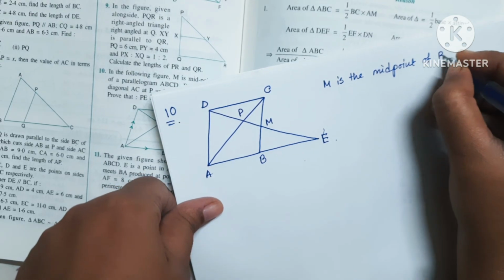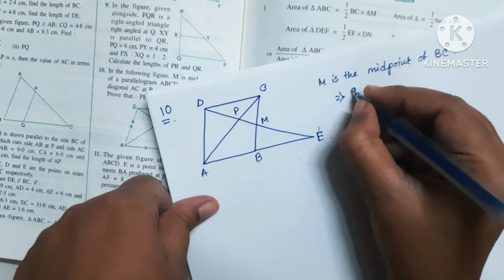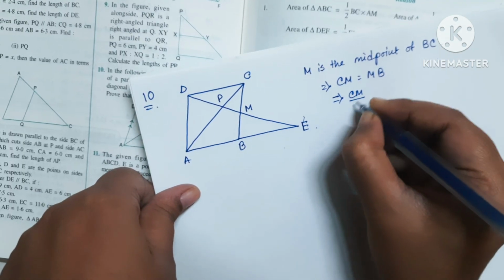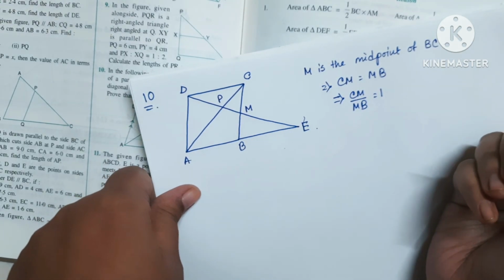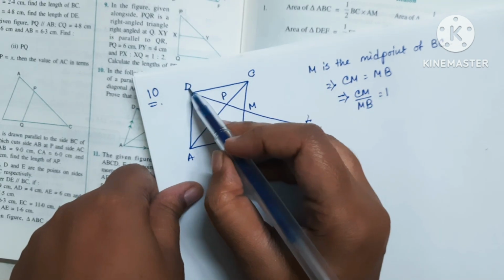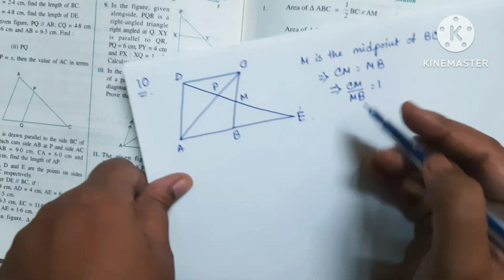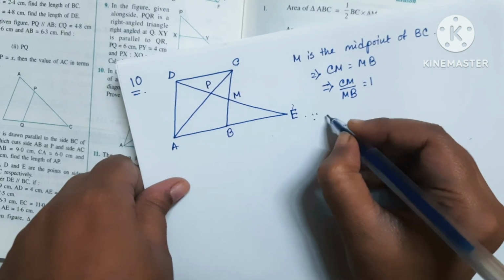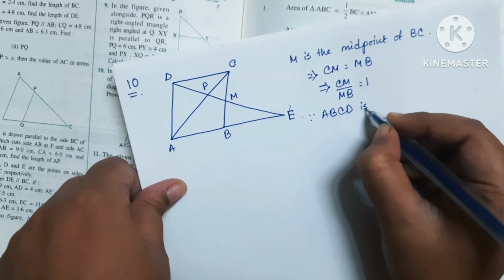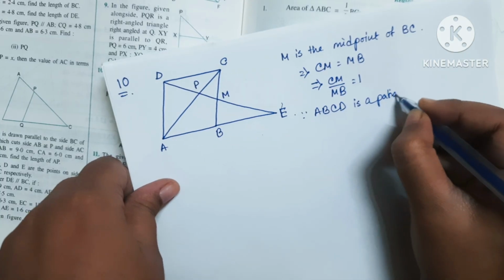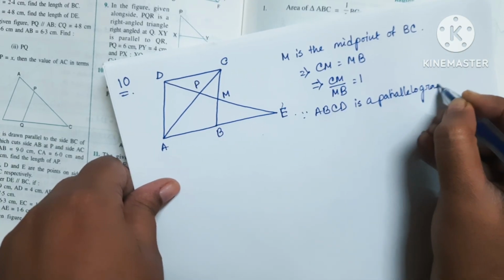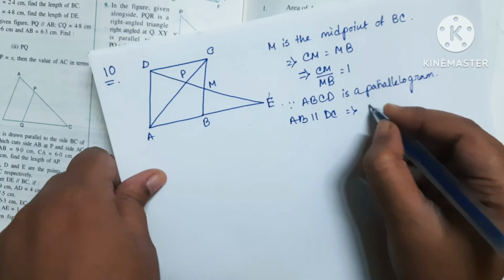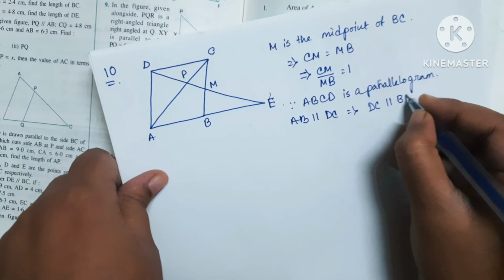of BC. Okay, that means CM is equal to MB. So that means CM by MB equal to 1, right? Now in case of these two triangles DCM and MBE, see, since ABCD is a parallelogram, AB is parallel to DC, that implies DC is parallel to BE, right?